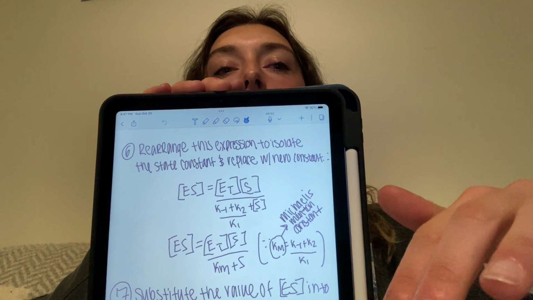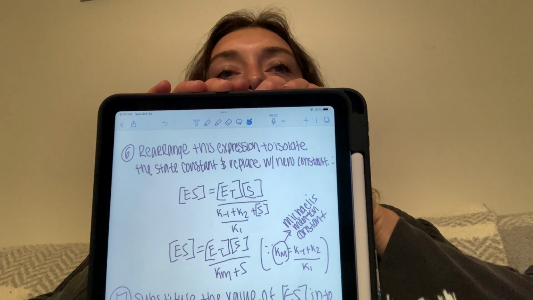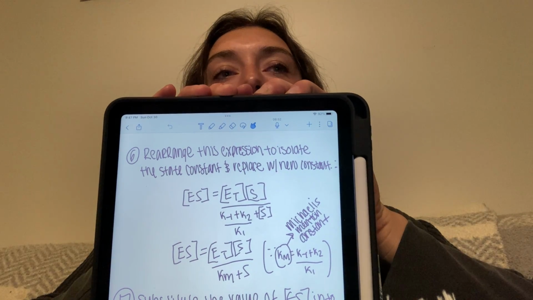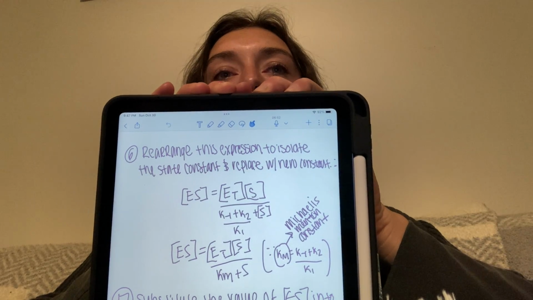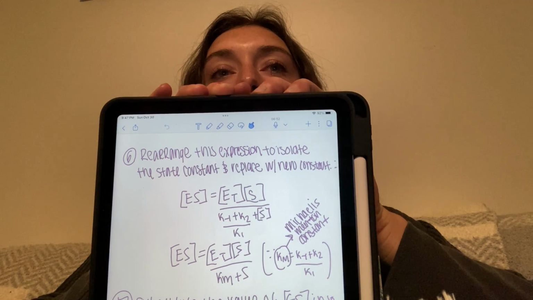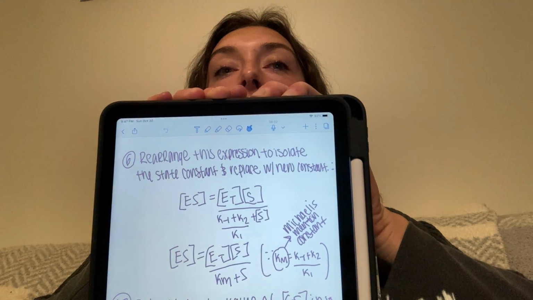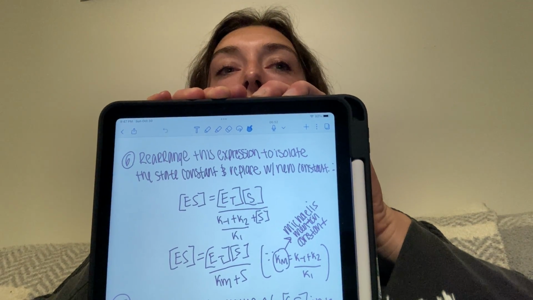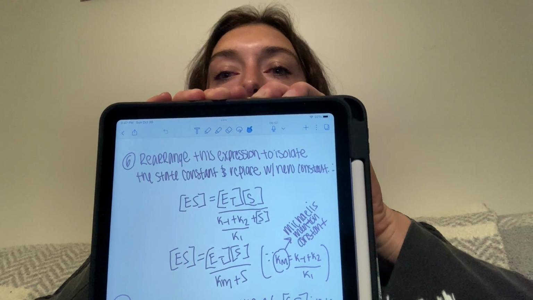Here we're going to do some rearranging in this expression to isolate the rate constants, and then we're going to replace them with a new constant, which is referred to as the Michaelis constant, known as Km.